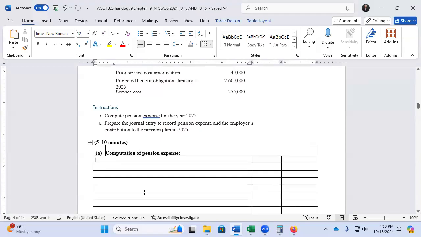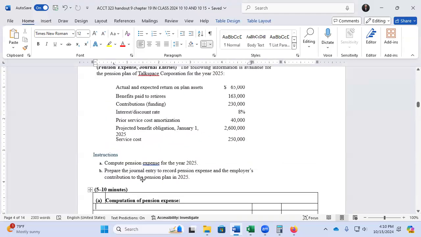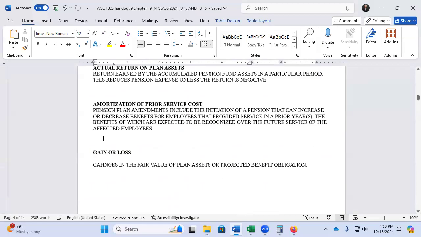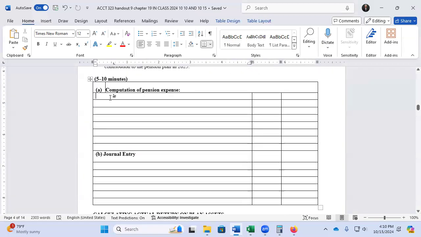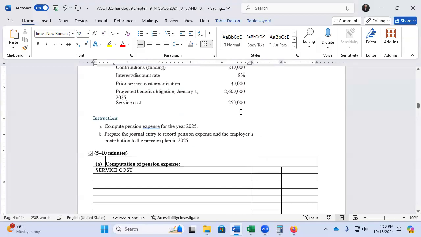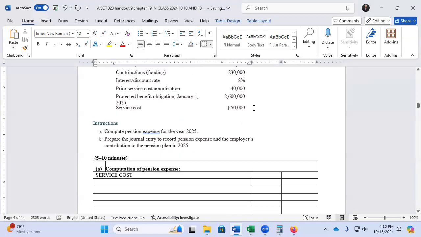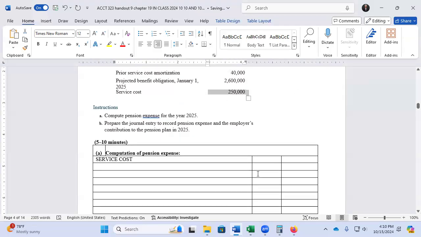Okay, so we want to take each of those pieces that we have and include them here. So we have service cost, and that service cost, they tell us, is $250,000.